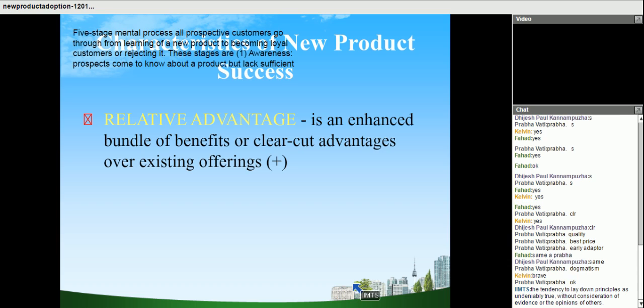But there is another type of people who easily compromise on their principles based on the situation. They are known as this dogmatism. Clear?